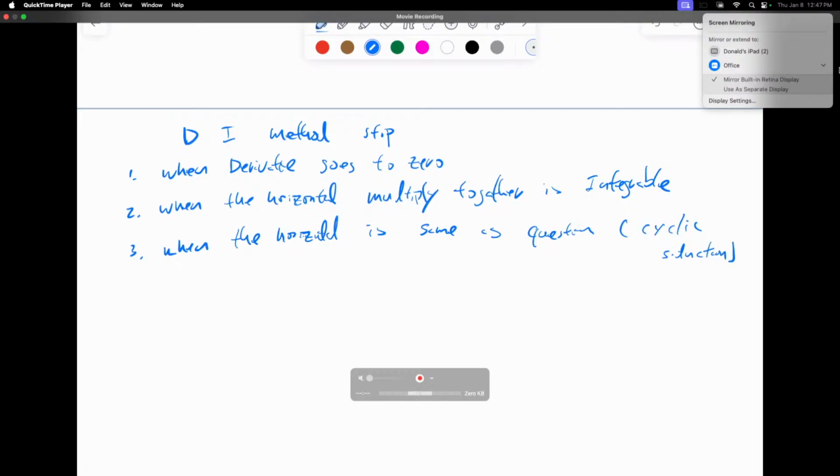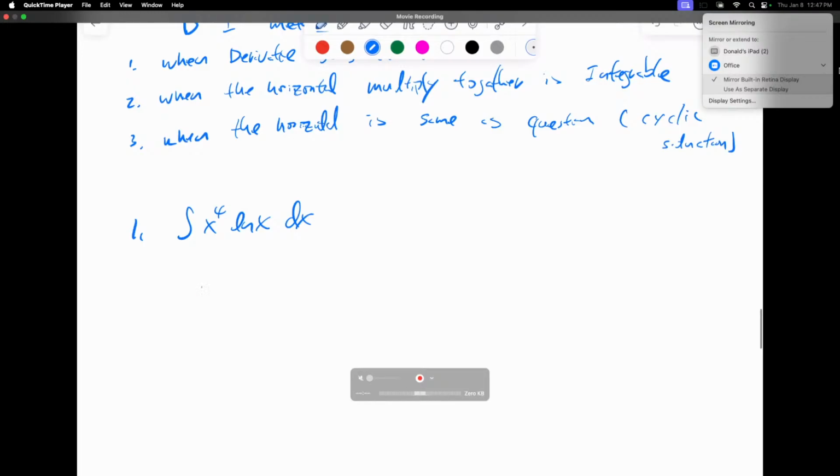So I'm gonna start with this first question. The first question is gonna be the integral of x to the fourth ln of x dx. Now we're gonna try the DI method here, and we're gonna see when do we stop. Which situation is this? What do I set as D? ln of x.